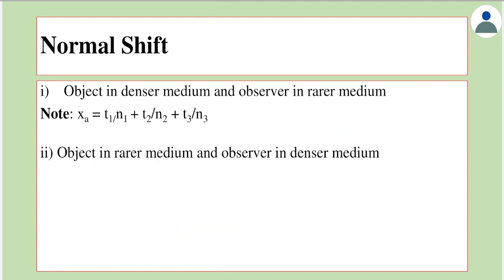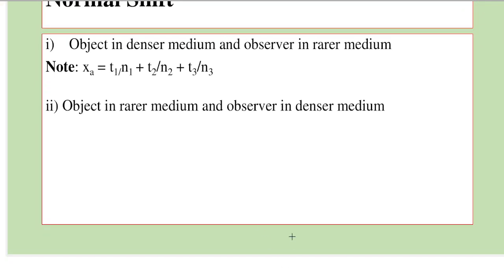Now suppose instead of one medium, we have more than one medium. For example, look at a medium like this. We have one medium like this, and one more medium like this, and then one more medium here, different mediums. In this case, let its index be n1 and thickness of this be t1.